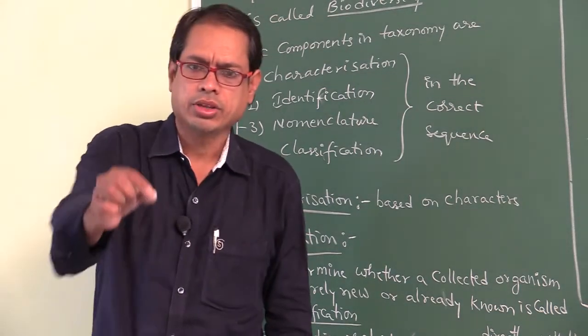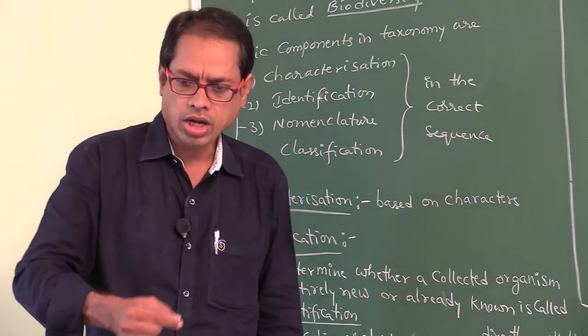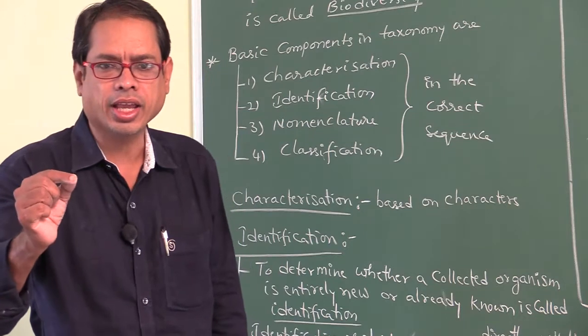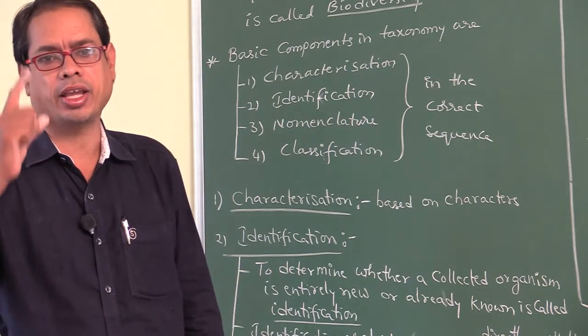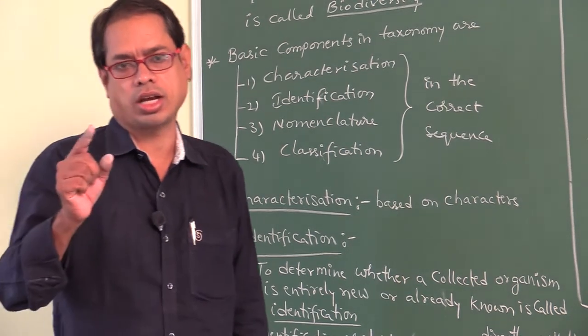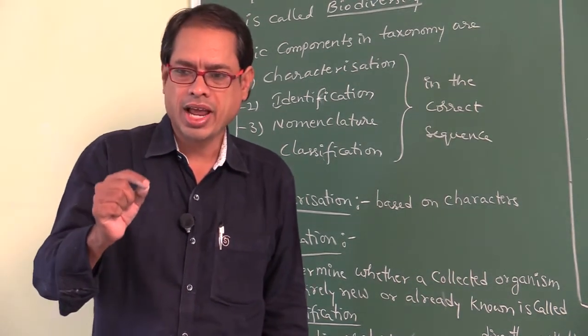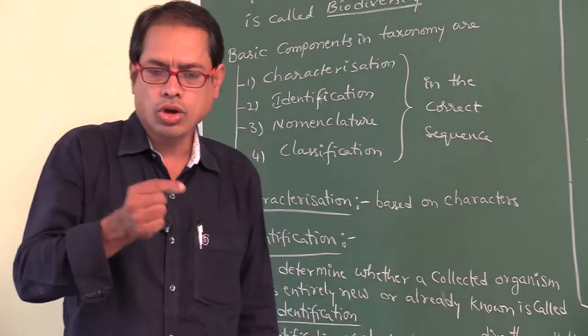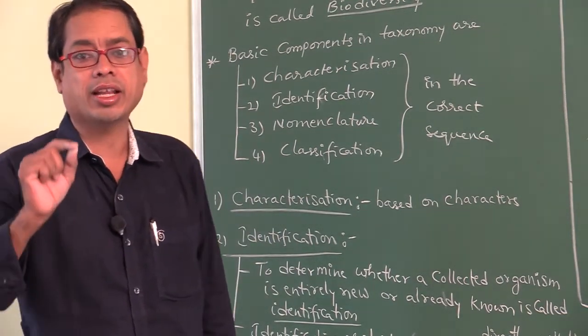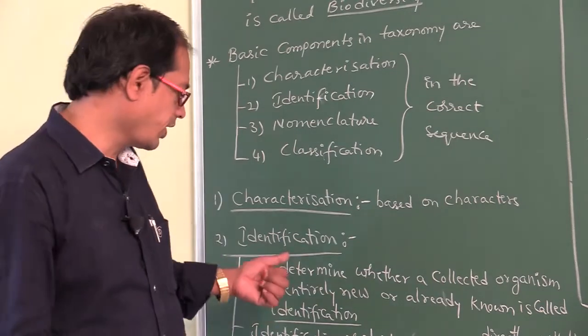Whether the plant is already known or unknown can be determined by BSI, which is located at Kolkata. That is so-called identification.